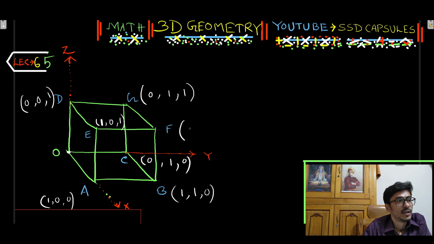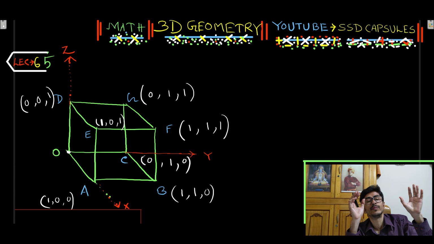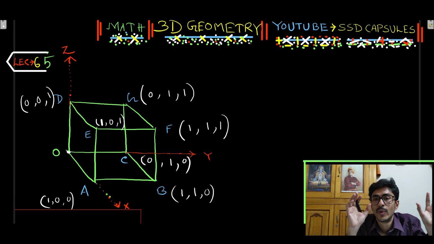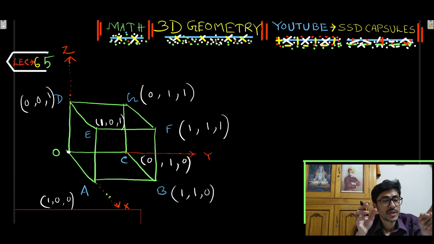F, point F. If we start walking from the origin O to reach the point F, we have to walk 1 unit towards x-axis, 1 unit towards y-axis and 1 unit towards z-axis. So we have derived all the coordinates of the vertices with respect to the coordinate axes OX, OY and OZ.